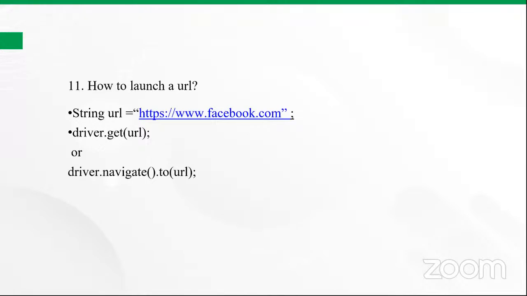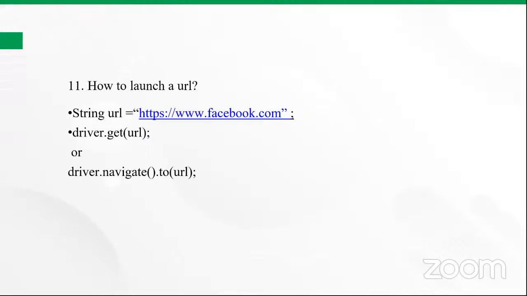Launching a web browser and loading a URL are the basic steps to get started with Selenium WebDriver. Why do you want to launch a URL? Because to work on that web page, we first need to open the browser and launch the URL. The Selenium command that we use for launching the URL is driver.get and you give the URL in quotes, or driver.navigate.to, you give the URL in quotes.